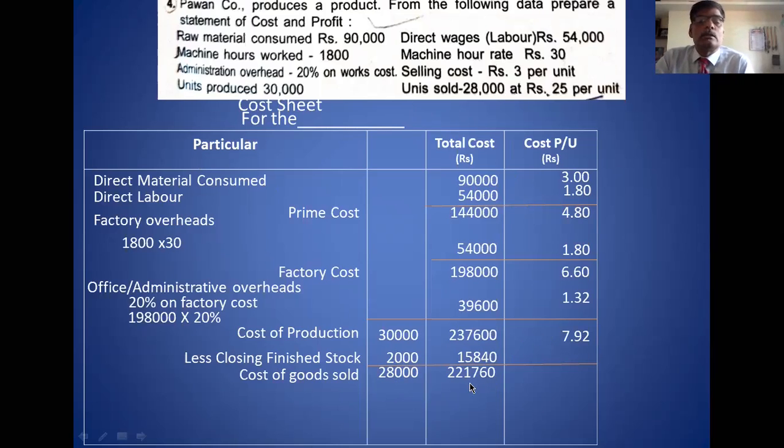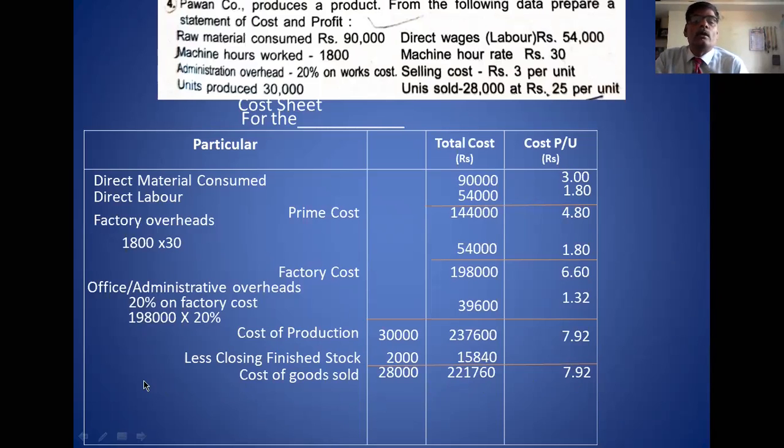This is called as cost of goods sold, and divide the total by the unit sold. The per unit is same. You don't write in the per unit column of cost of closing stock unit, as I already explained.